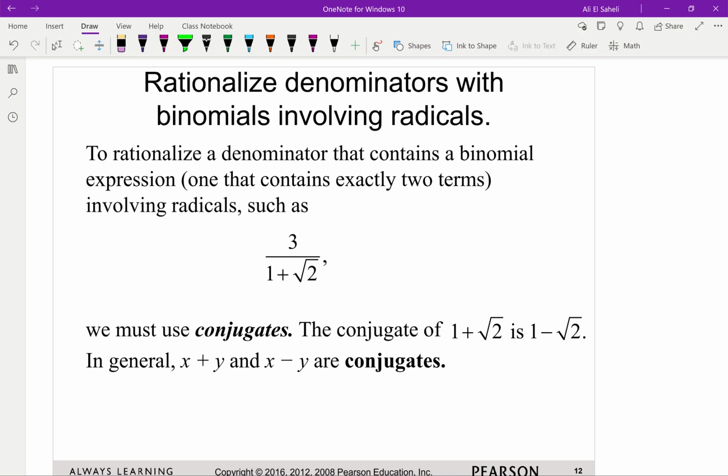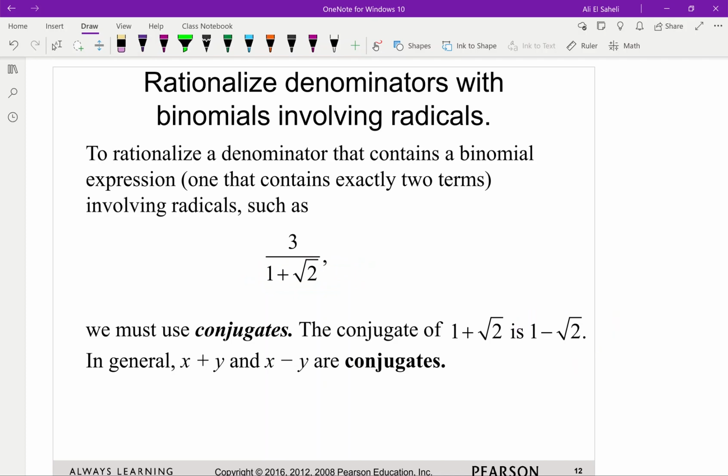Here what we do is we use the trick that x plus y times x minus y is x squared minus y squared. Okay, the squaring helps us get rid of the radical. So what we do is we multiply by what's called the conjugate. So if this is what we have in the denominator, we multiply by this.